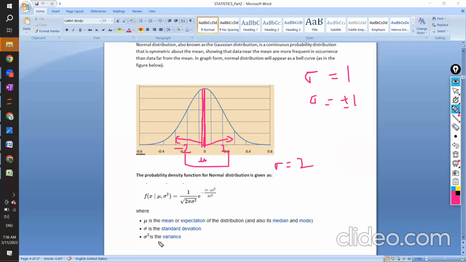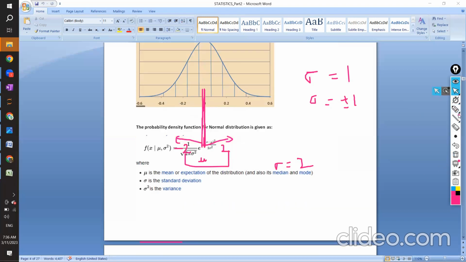Any idea? What is standard deviation? Guys, this is important, just focus here. Standard deviation is the square root of variance. Variance is rho square.